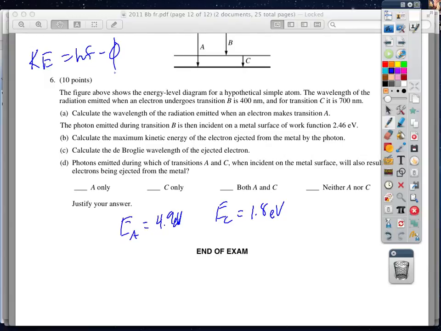What is this question asking? Photons emitted during these transitions when incident on a metal surface, electrons ejected from metal. So in order to eject an electron from metal, what must you overcome? Yeah, you must overcome the work function. Which of those is bigger than the work function?